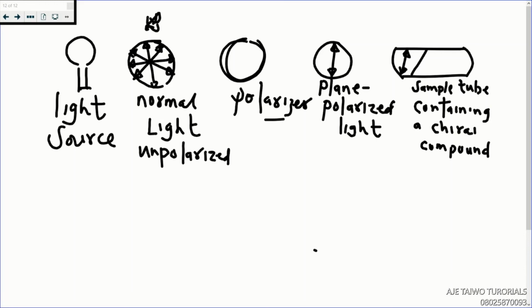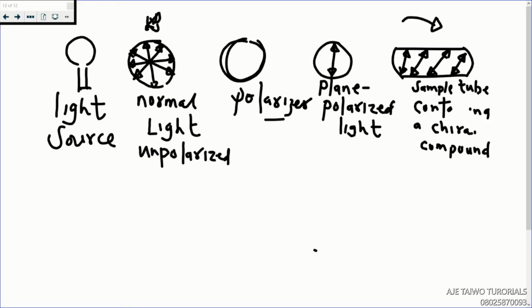You can see it's turning clockwise. It's going like this. You can see how it's going. It's still turning.